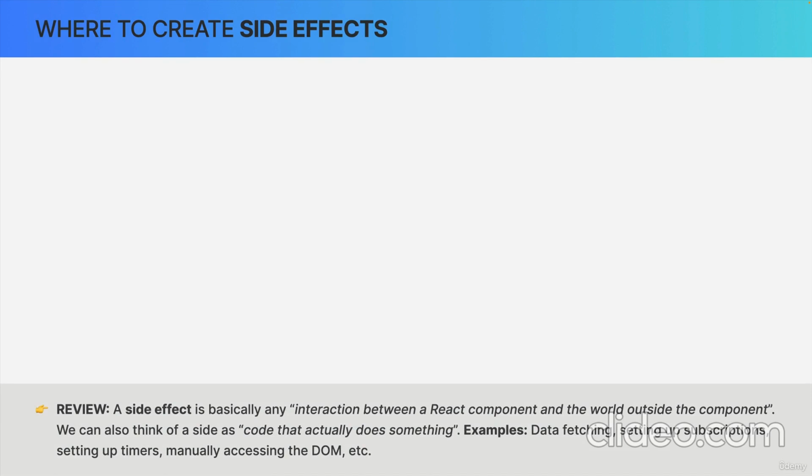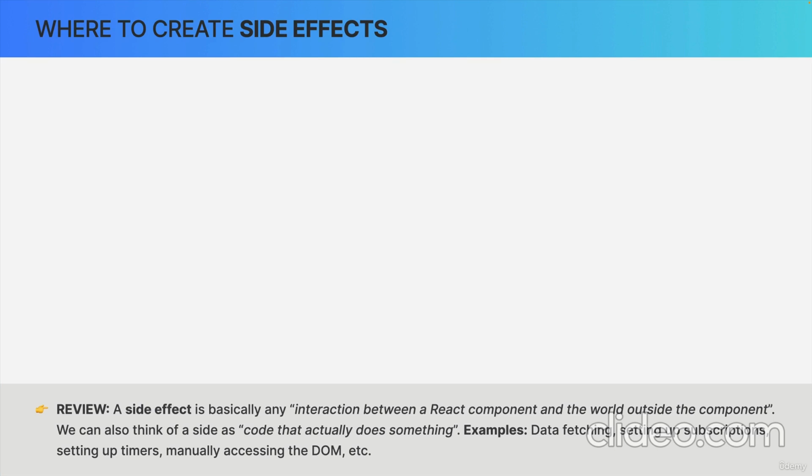So basically, in React, a side effect is any interaction between a React component and the world outside that component. And we can think of a side effect as some code that actually makes something useful happen. For example, fetching data from some API.